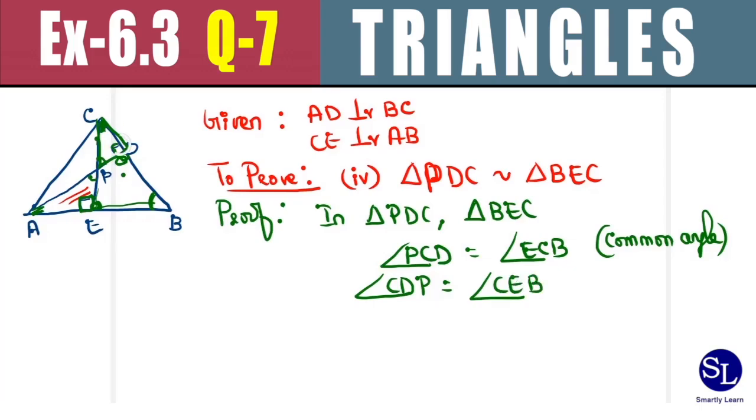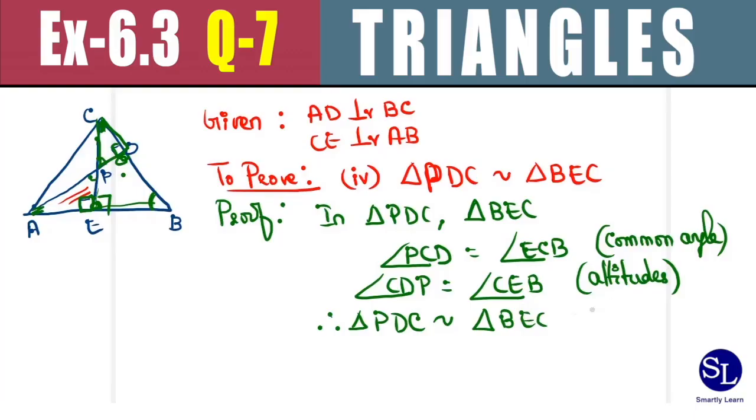Why? This angle is 90 degrees and this angle is 90 degrees because they are the altitudes given to us. Therefore, triangle PDC is similar to triangle BEC, again using AA similarity. So we have proved all four subdivisions. So I'm closing off with hence proved.